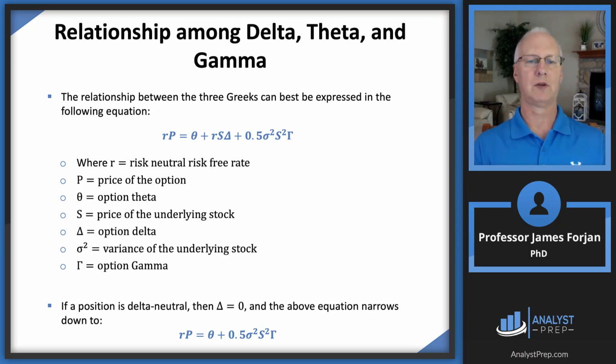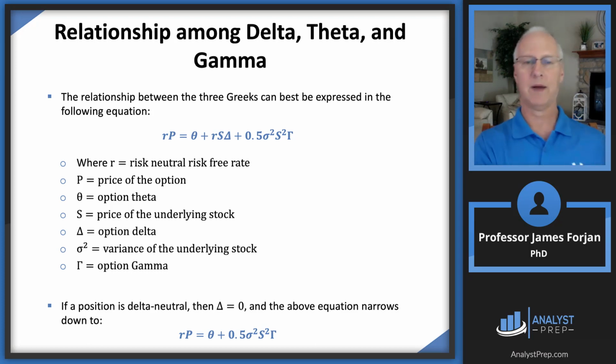We've got the risk-free rate of interest times the price of the option. Let's take a simple example. Suppose the price of the option is 10 and the risk-free rate is 10%. So we take 10% of 10, that gives us $1. That's the dollar return on your option.